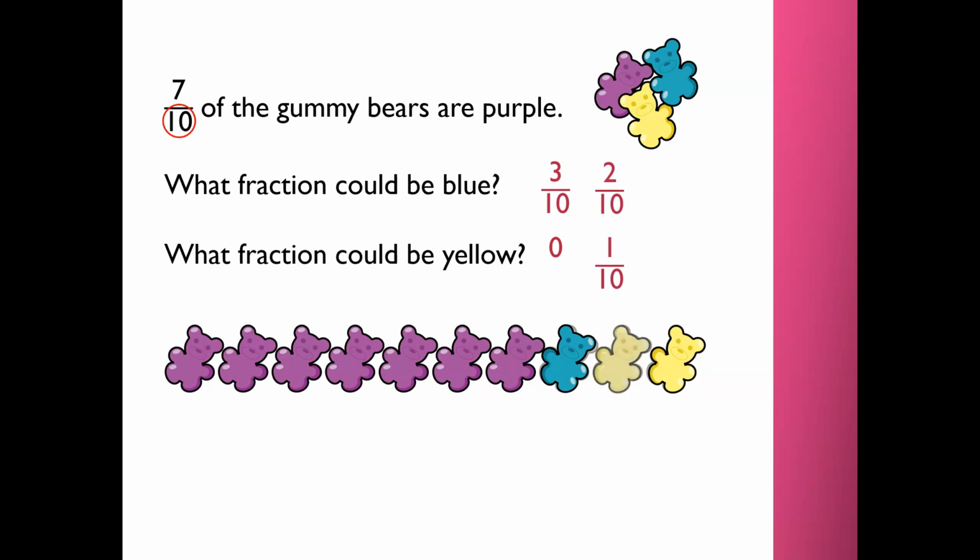Or perhaps the fraction of yellow bears is 2/10, which would make 1/10 of the bears blue. We might even have all 3 of the gummy bears yellow, which would make the fraction of yellow bears 3/10 and the fraction of blue bears 0/10, or just 0. Our investigation has shown there are 4 possibilities for the remaining 3 bears.